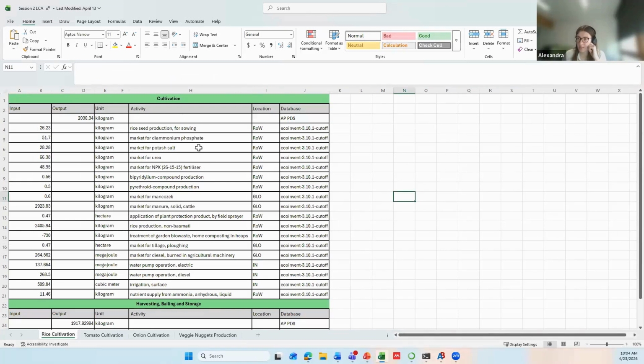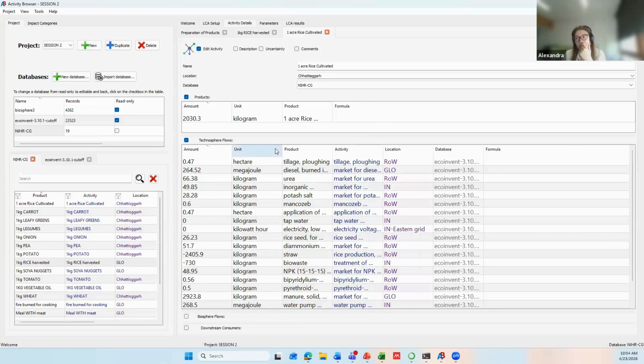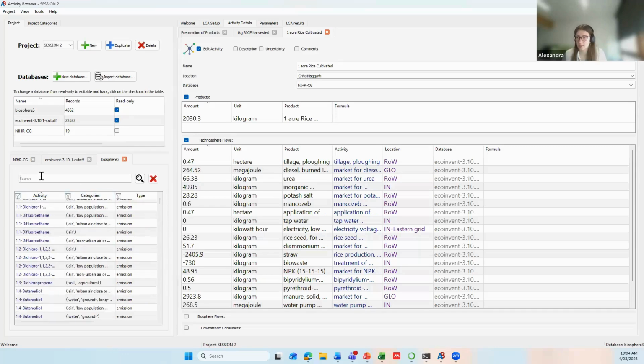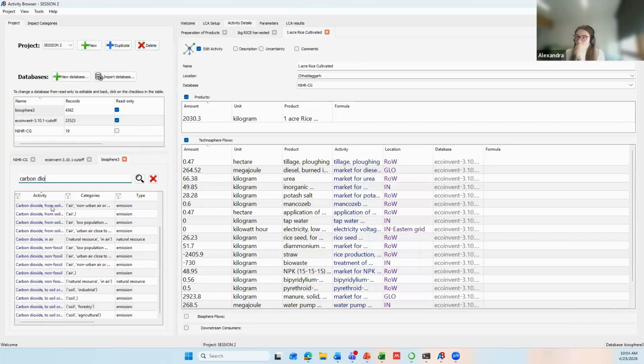How do we select the activity before we go to the activity browser? Most of the time we look at databases, in this case EcoInvent, or there are other databases. If it is something very specific, for example, for me, firewood was not available in this EcoInvent version. I had to make it myself from literature. So in this case, I just went about looking at, for example, carbon dioxide from soil or so on, whatever is interesting to me.